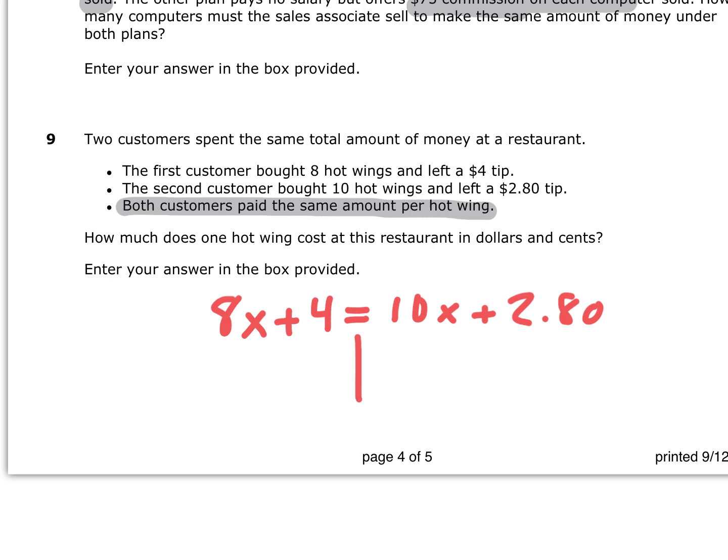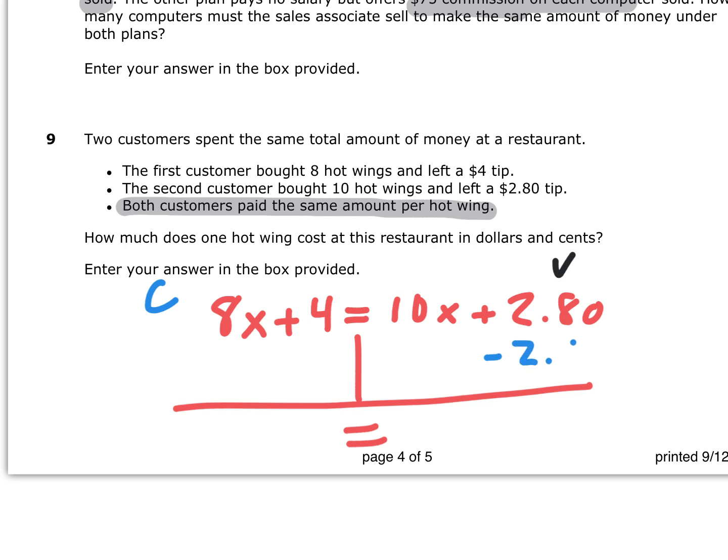And so we draw our little chart that we've been doing over and over again. I'm going to put variables over here and constants over here. So my constant piece is this 2.80, so I'm going to take that away. 4 minus 2.8 is 1.2.